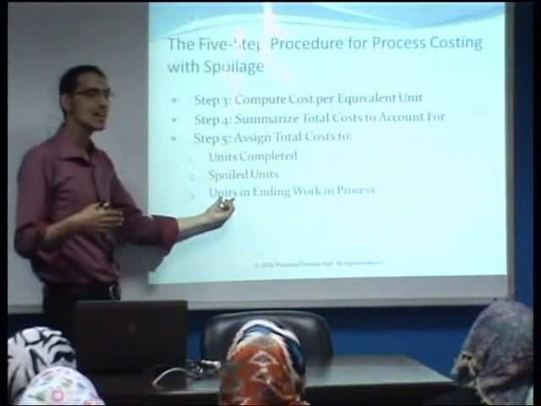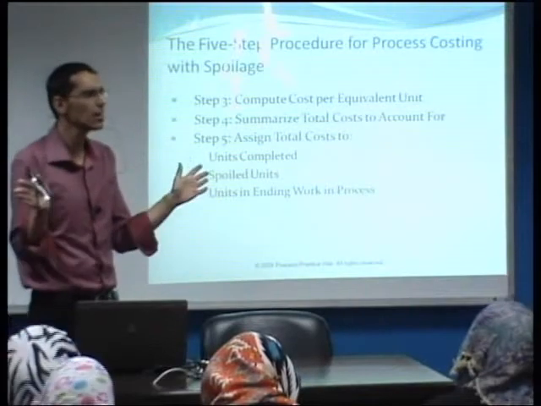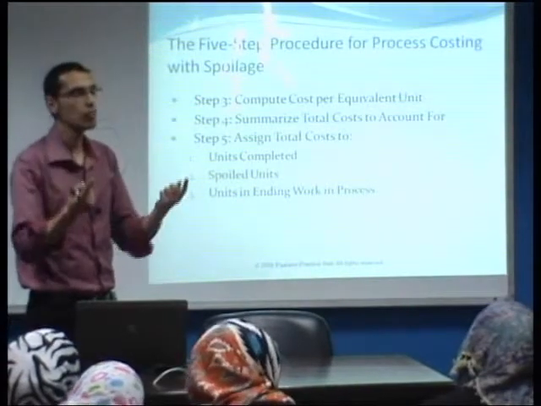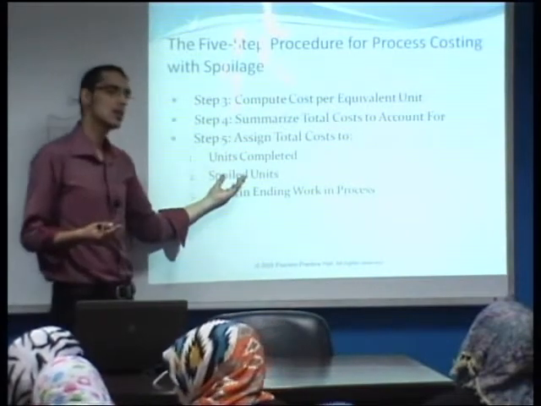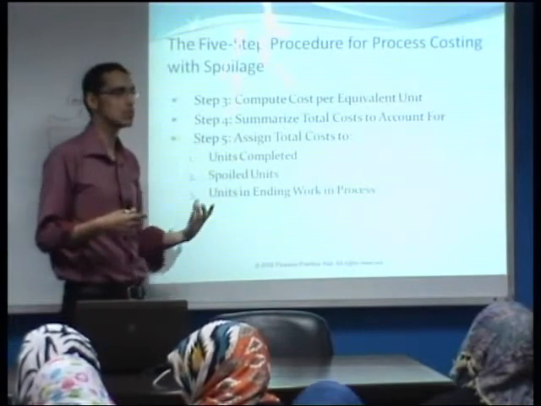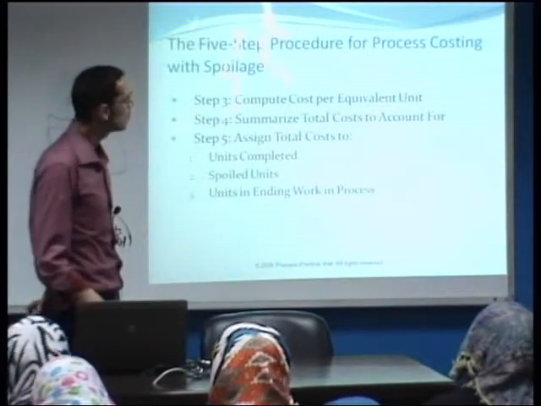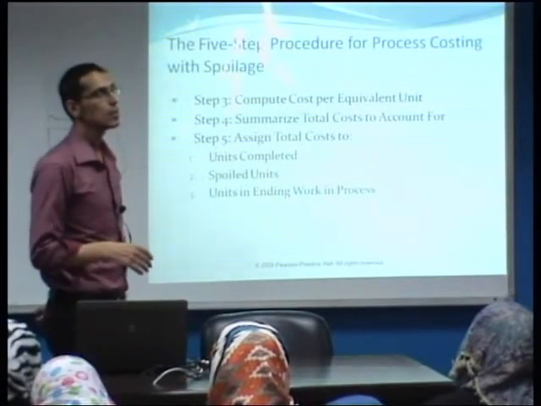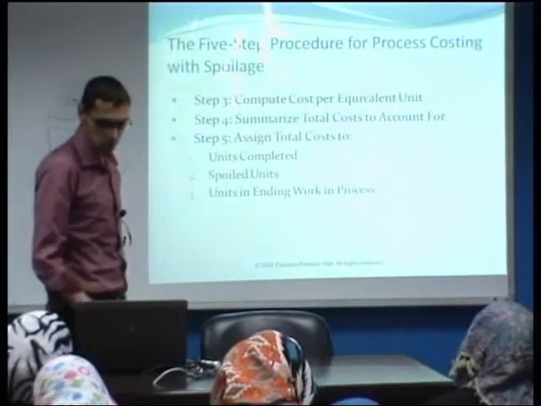Number 3 is the ending work in process. Of course, the same thing, but we only have one more category, which is the spoilage units, or the cost of spoiled units. The normal would be assigned to the good units, and the abnormal would be determined as a separate line item, as we are going to see.